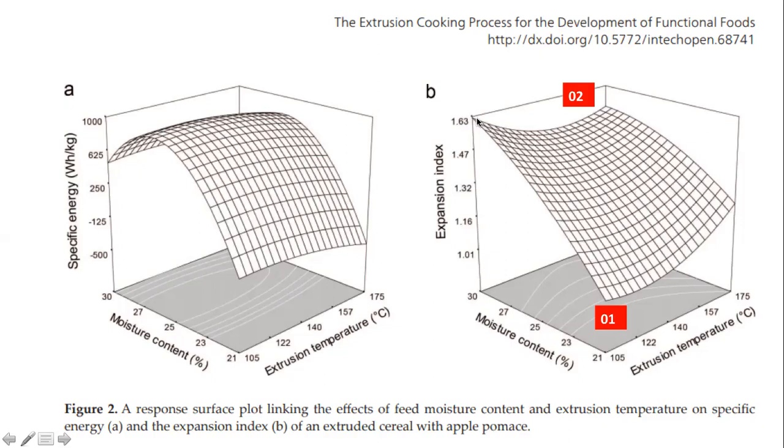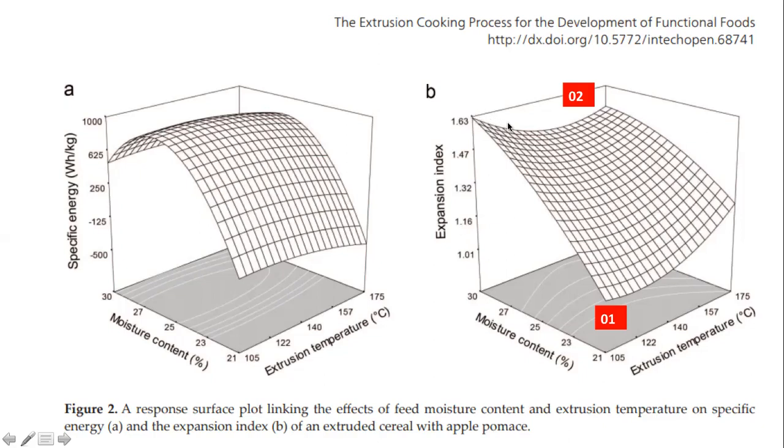But here what is happening? You can see the expansion index is at its maximum here. It means the moisture content is a high value, around 30%. So you can see when we increase the moisture content at low temperature, the temperature here is around 105.